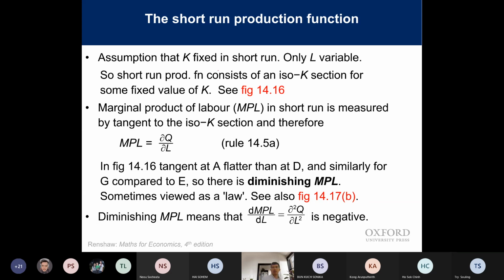Next, let's think of what is meant by the short run production function. Usually during a certain period of time, the factory may decide to increase the labor while keeping the machines the same.